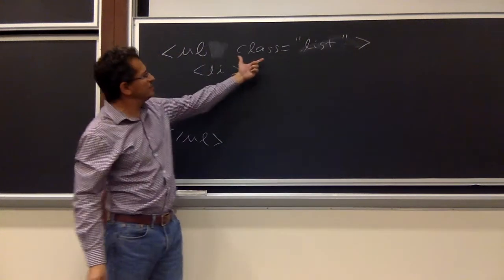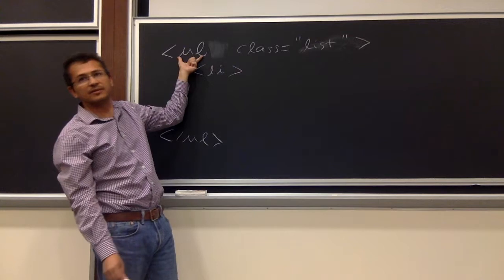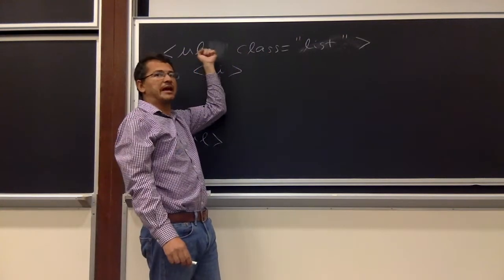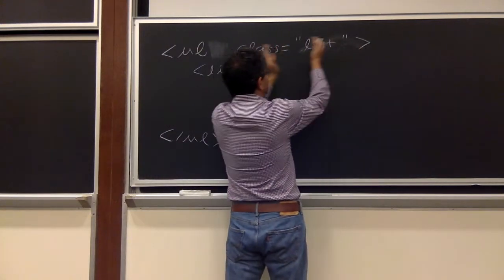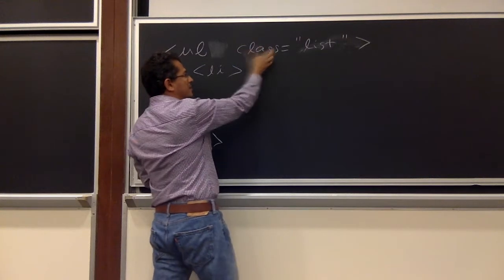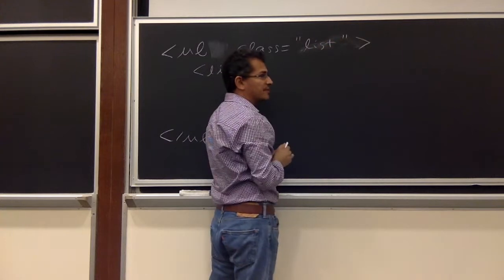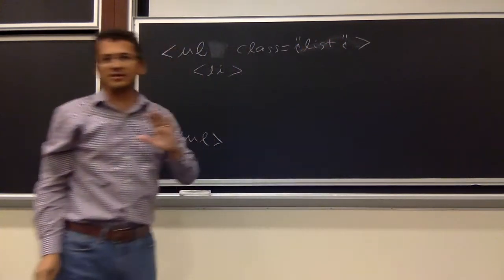This is an attribute that allows you to configure behaviors for that element. So for instance, we are configuring the class attribute for that element. An attribute has a name and a value. So it's the name of the attribute, an equal sign, and then the value of that attribute, typically in quotations. And the standard is to use double quotes, but you can also use single quotes.